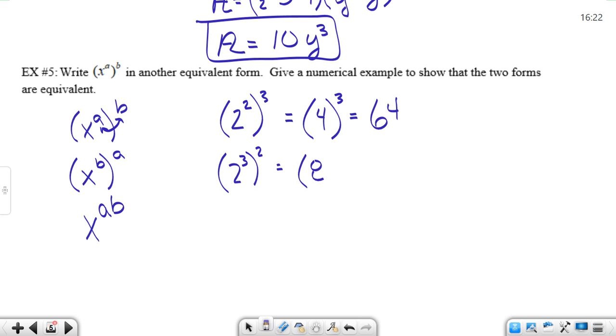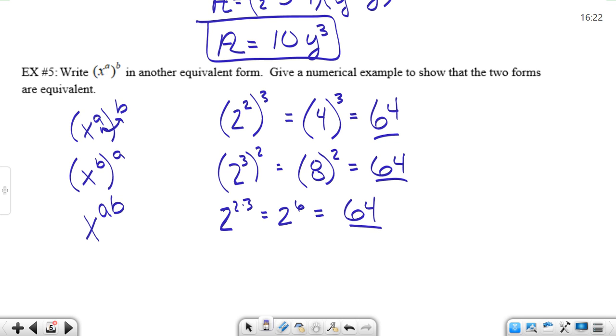Well, 2 to the 3rd is 8. 8 squared is, you guessed it, 64. Now let's show that the rule we've been using is also true. 2 to the 3 times 2, or, not that it matters, 2 to the 2 times 3. That's going to give us 2 to the 6th, and 2 to the 6th is also 64. So as we can see, guys, it doesn't matter the order that the powers are in, you still come out with the same response.